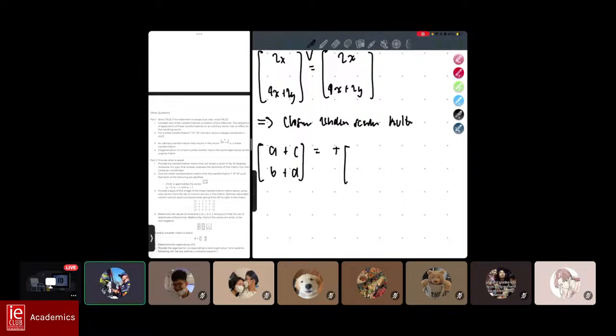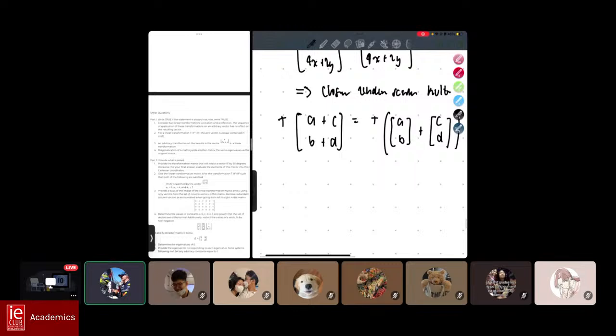Just give me a bit. If you transform through the inside, it's T of (a, b) plus T of (c, d).